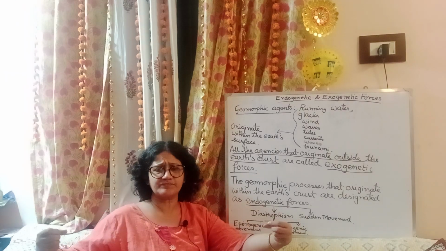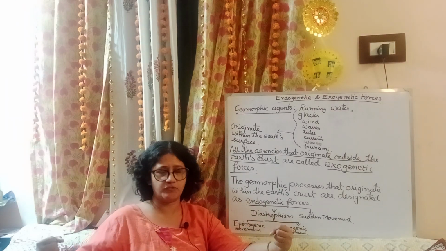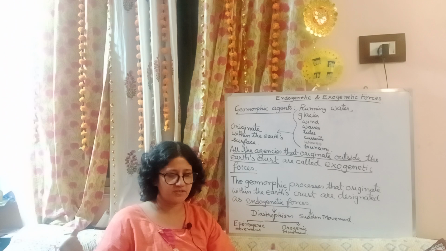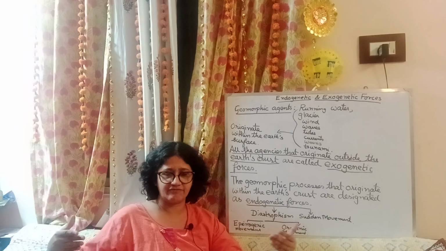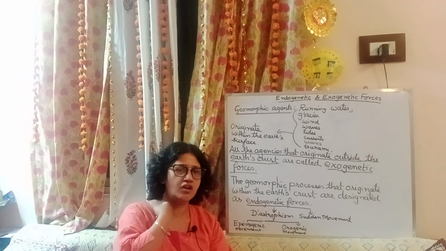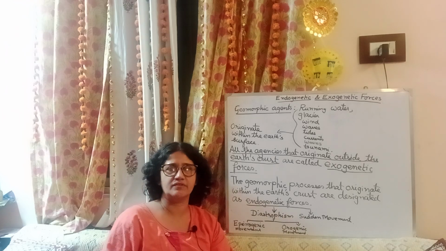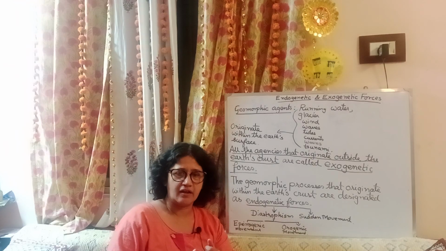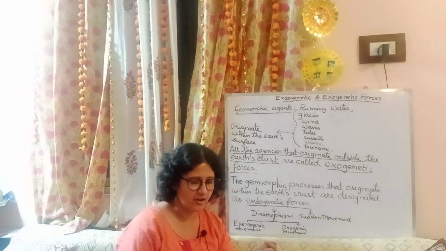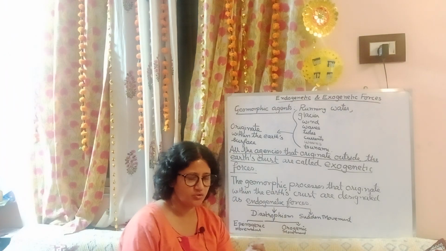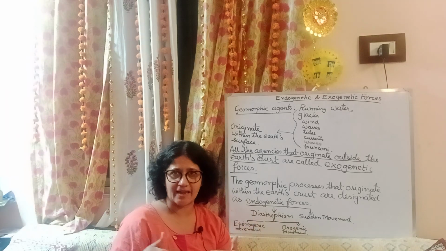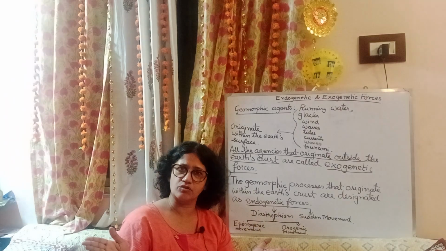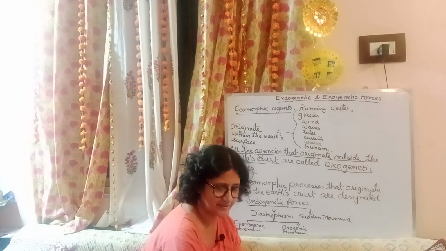When the forces go in opposite directions, it forms fractures, ruptures, and if they go in the same direction, it creates folds. So formation of fold mountains, formation of fault lines, all this takes place due to this orogenic movement. Sometimes it goes towards the same direction, sometimes towards the opposite direction.